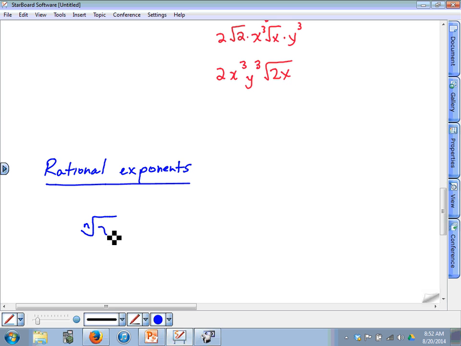If you have something of this form, the nth root of x to the power of m, you can rewrite that as x to the m over n. Those are called rational exponents. Rational exponents are nothing more than radical expressions. Okay? They're exactly the same thing.